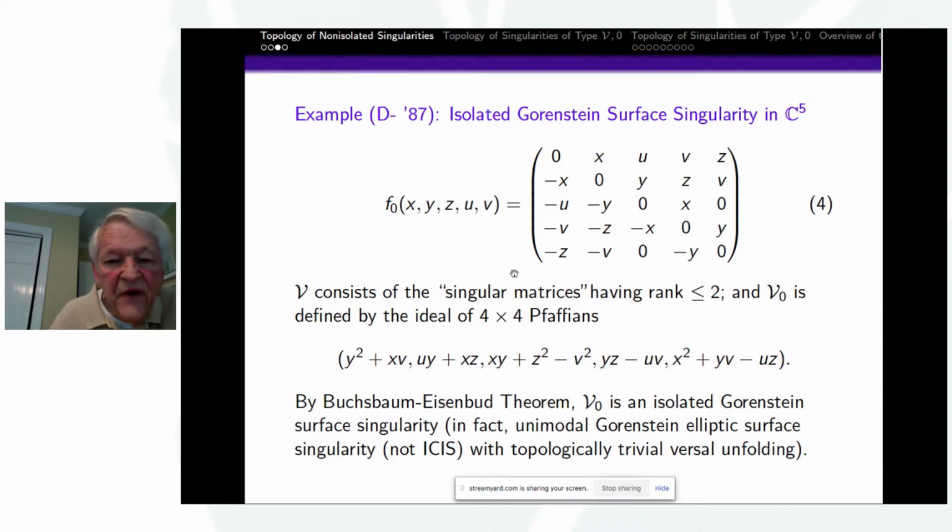So the variety V, we want it to be those matrices which have lower rank, and that means in this case rank less than or equal to 2. And V0 is not defined by determinants in the reduced form, it's defined by 4x4 Pfaffians of this matrix. So you get these 5 equations here.